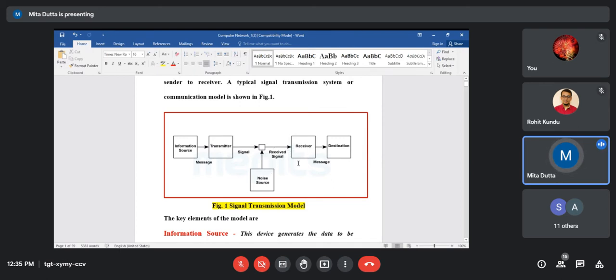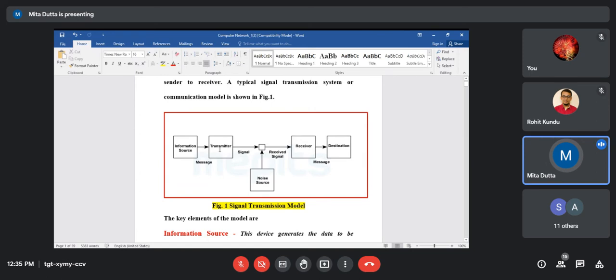The function of the receiver is to modify the received signal in such a way that it will be interpretable as a message signal to the destination device. So the function of a receiver is inverse to that of a transmitter. If the transmitter modulates the signal, the receiver will demodulate the signal.